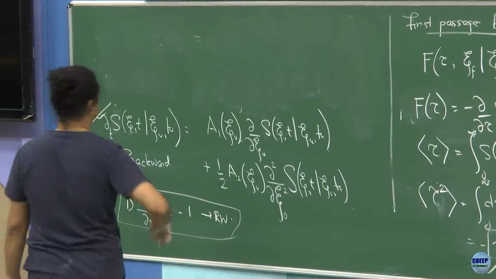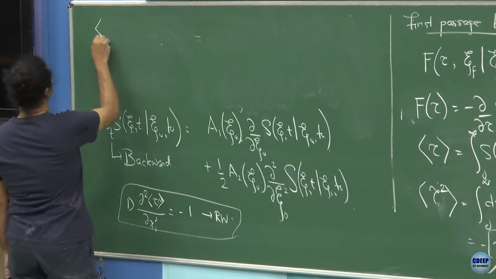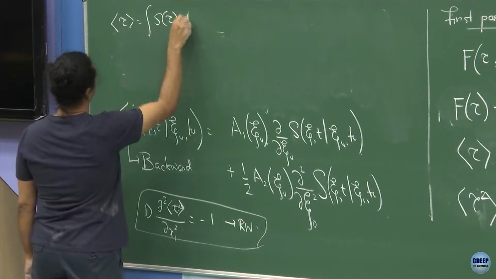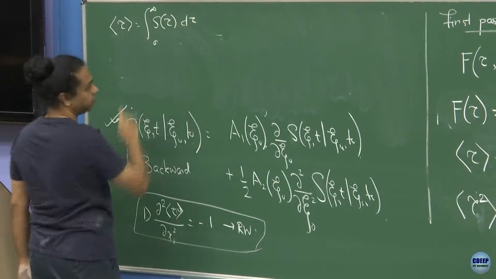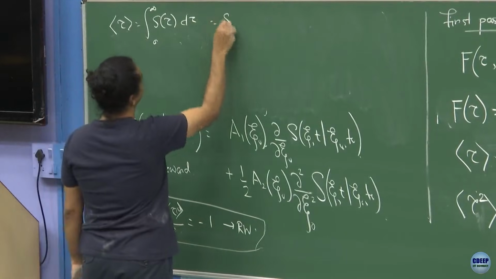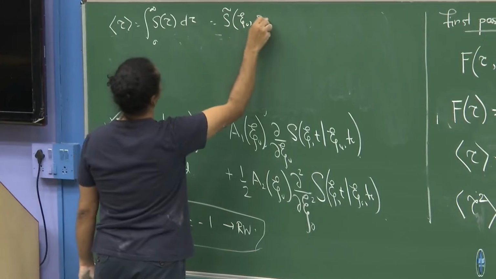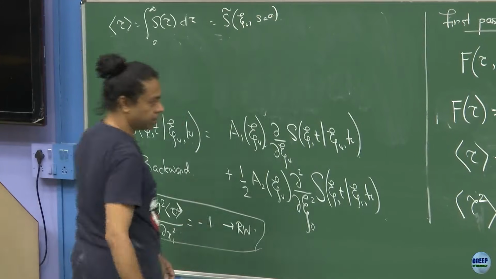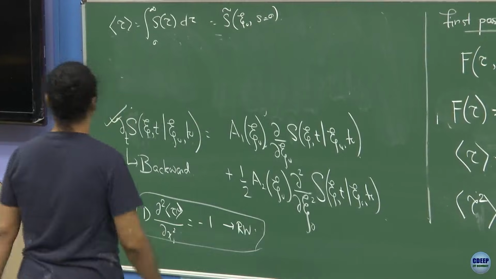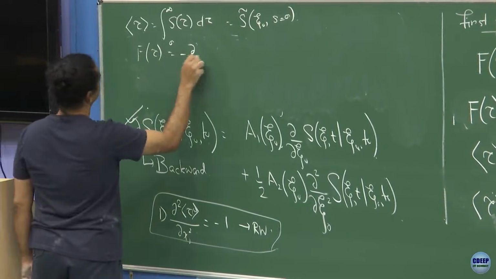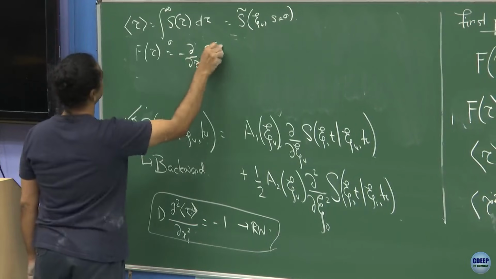So my mean time is the integral of s tau d tau from 0 to infinity, which is s tilde of xi naught equal to 0. That's 1. My first passage density is, of course, the negative derivative of the survival s tau.